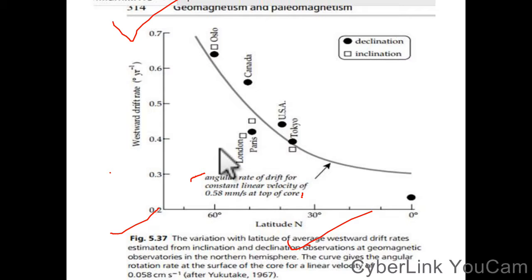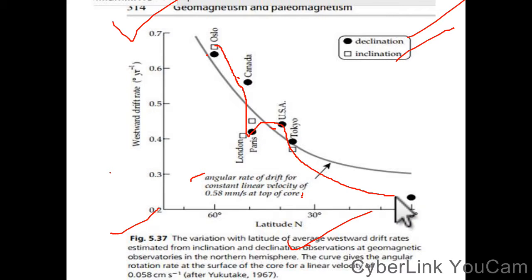Latitude of average westward drift rates estimated from inclination and declination observations, from geomagnetic observations in the northern hemisphere. And angular rotation here is declination and inclination. Declination, it is the curve. 60 degree.